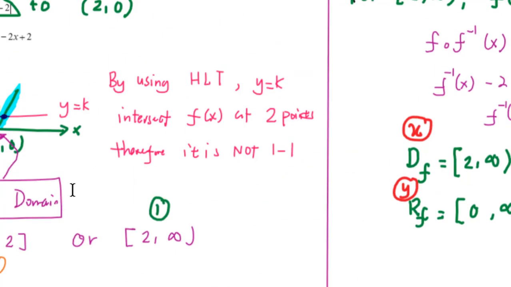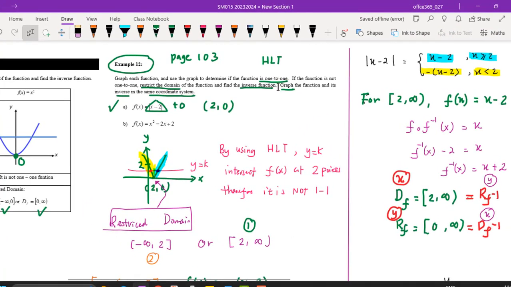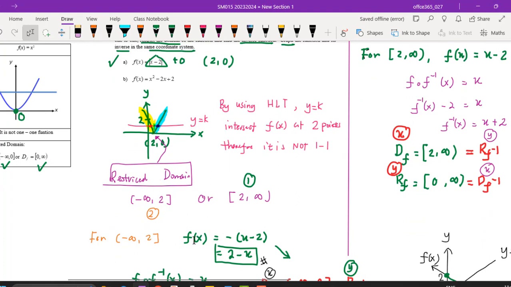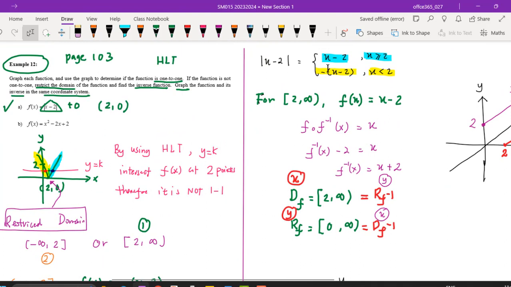From the given question, we already proved that it is not a one-to-one function, and the restricted domain has two options. Option 1, we're choosing x greater than 2. The procedure is to determine the function based on the interval, which is x minus 2, then get the inverse, get the domain and range, and lastly sketch a graph.